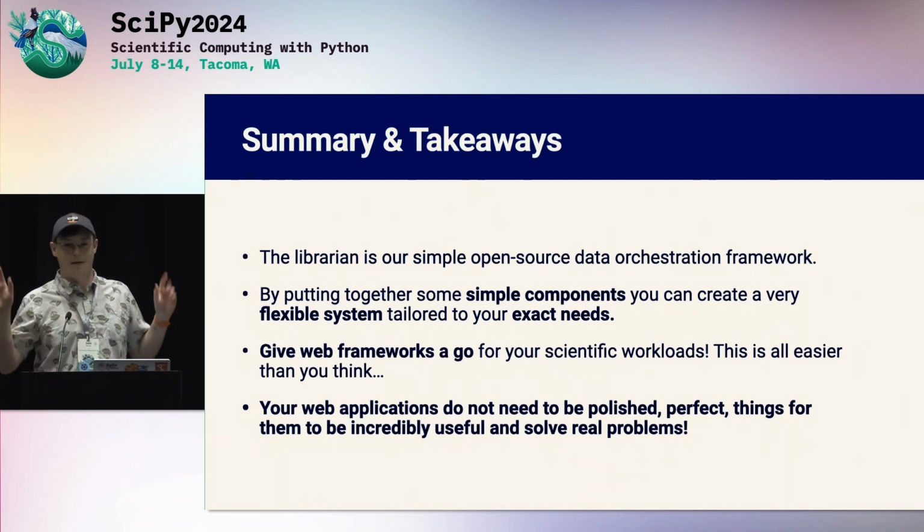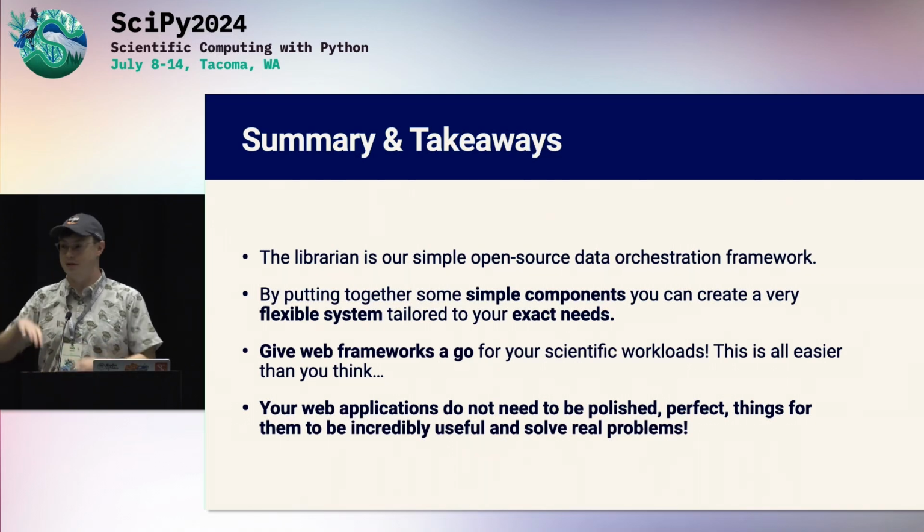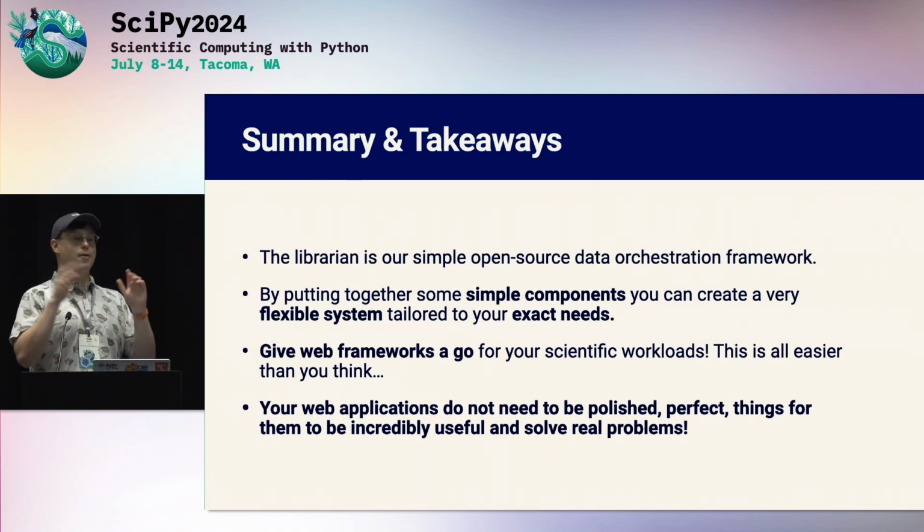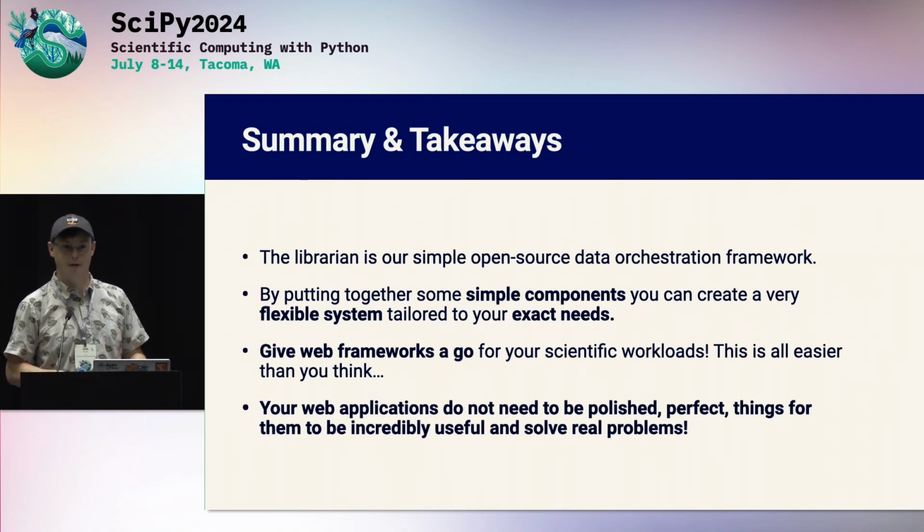All of our introspection of what's going on happens through Grafana, which is a whole separate service. We didn't build a UI for this project because it didn't need one. And don't think that if I'm making a web thing, it has to have a million things attached to it. It can just be a simple product that does a simple job that you can host somewhere. And that's that. Thank you, everyone.